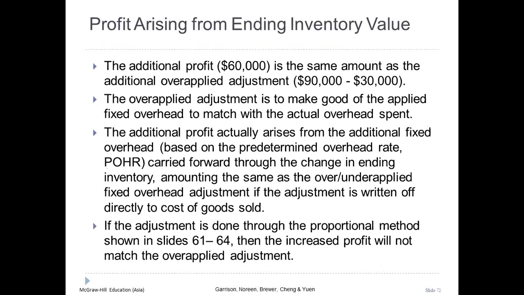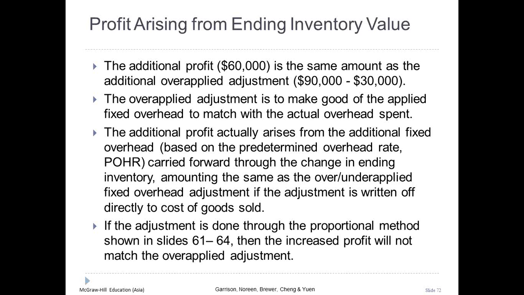So profit arising from ending inventory value. The additional $60,000 profit is the same amount as the additional over-applied adjustment, so $90,000 minus $30,000. The over-applied adjustment is to make good the applied fixed overhead to match with the actual overhead spent.